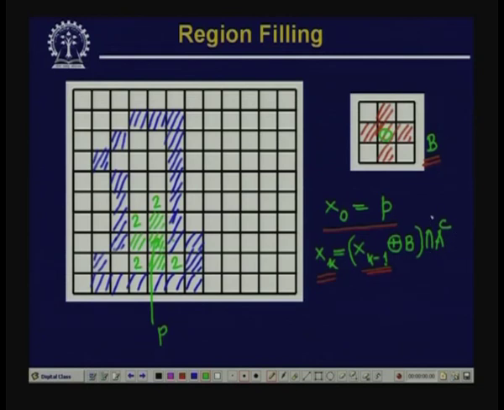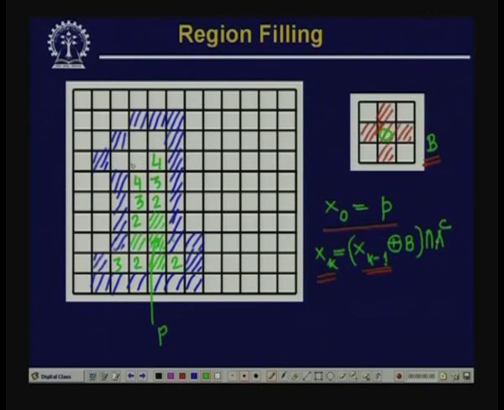intersection with A complement. These are the points which will be made equal to 1 after the third iteration and performing the intersection operation. These are the points which will be made equal to 1 after the fourth iteration and performing this intersection operation.